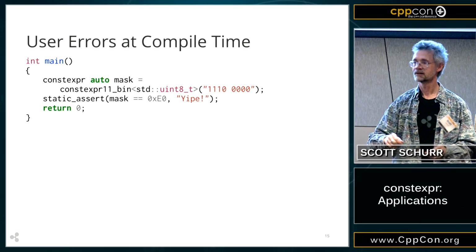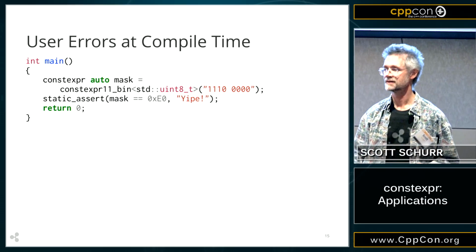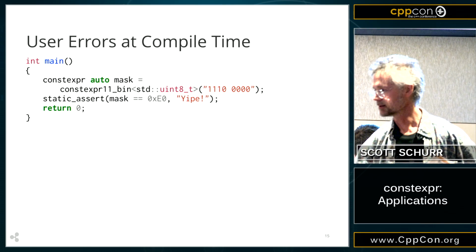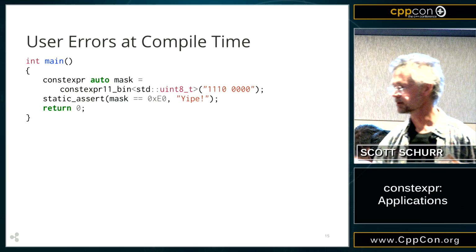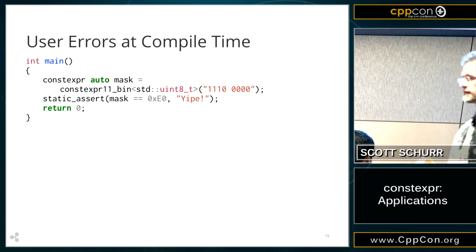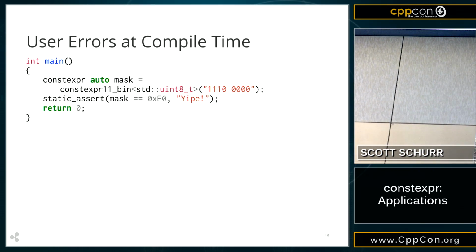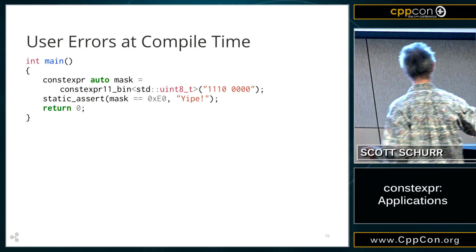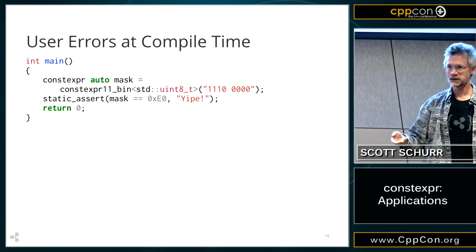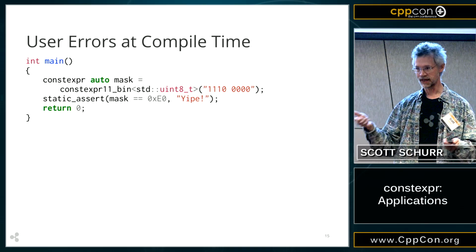Is there a way to have a default value assigned at compile time, but then be able to change it down the road? Or would you need two variables, one that was the constexpr, and then below it another one? So the question, I think, is whether once you've established this constexpr value, can you change it?